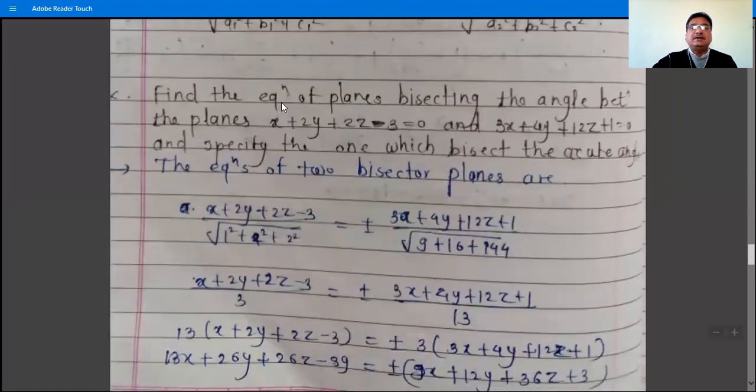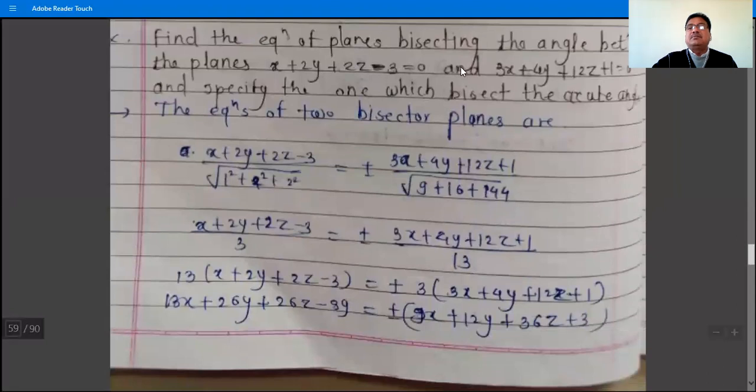So the question is: find the equation of the planes bisecting the angle between the two planes x plus 2y plus 2z minus 3 equal to 0 and 3x plus 4y plus 12z plus 1 equal to 0, and specify the one which bisects the acute angle. That is, out of the two, which one bisects the acute angle.